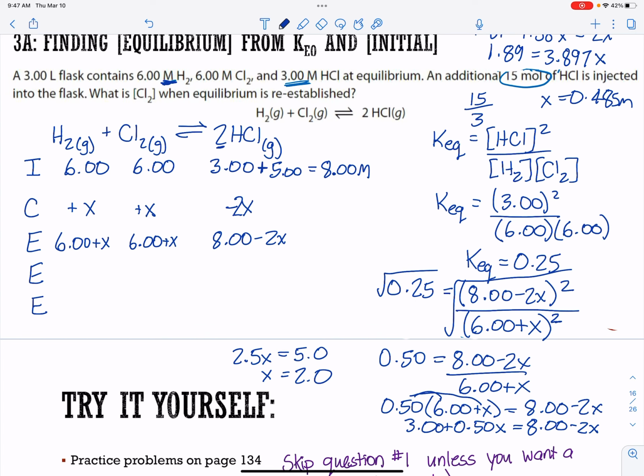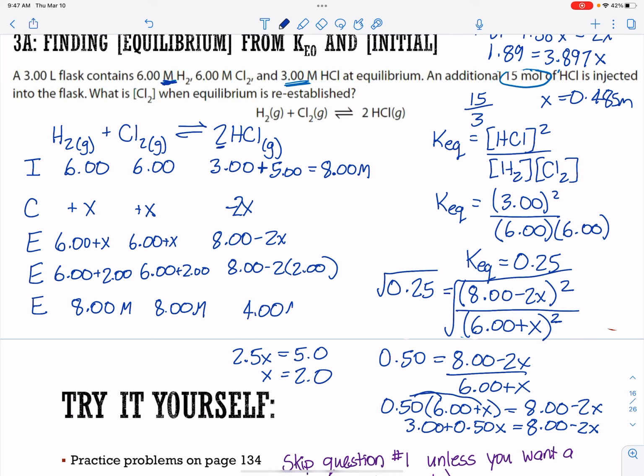So we'll bring that value back up to our ICE table. I've got 6.00 plus 2.0. And my equilibrium concentrations, I got 8.00 moles per liter, 8.00 moles per liter, and 4.00 moles per liter.